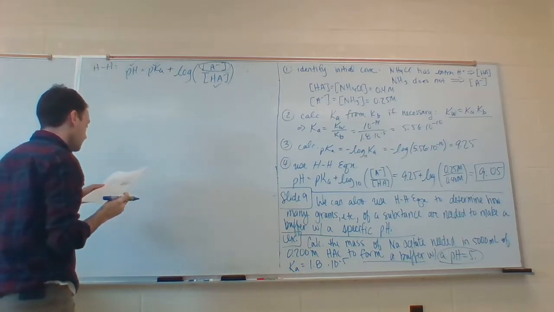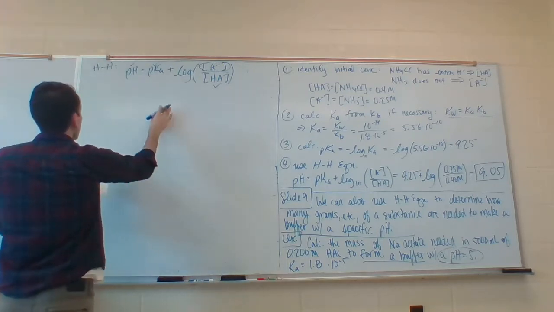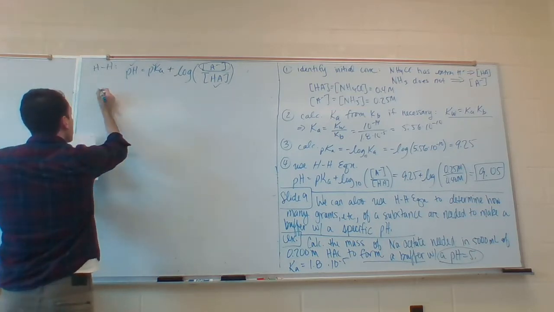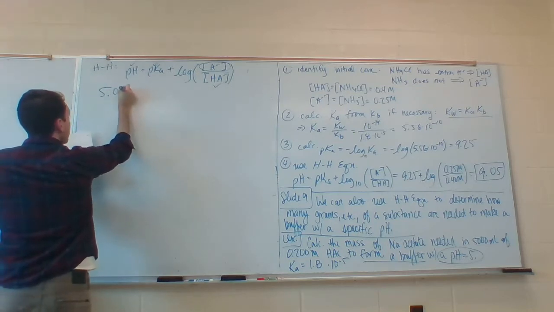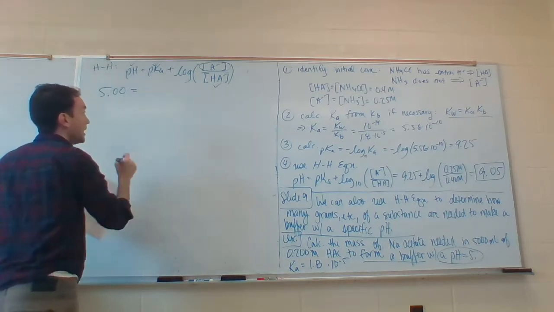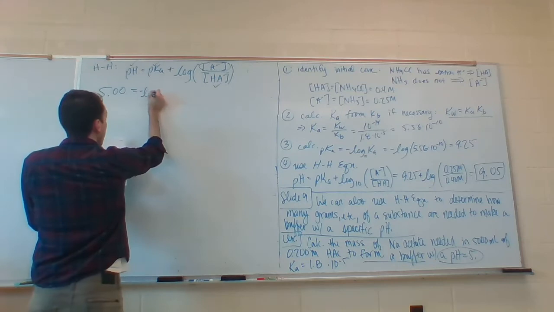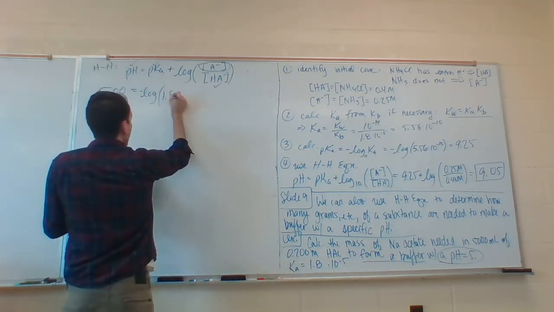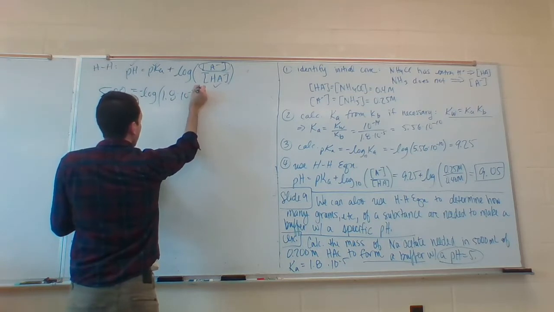All right? Now, the way that we do this is we're going to plug in all the values that we know first. Okay, so we have our pH. Our pH was 5. And that would be equal to our pKa, which is the negative log base 10 of our Ka, which is 1.8 times 10 to the negative fifth.